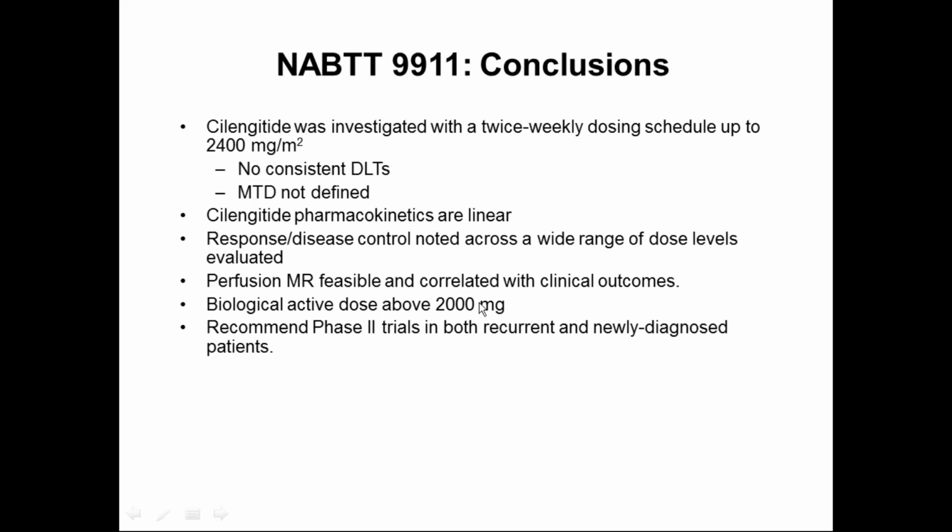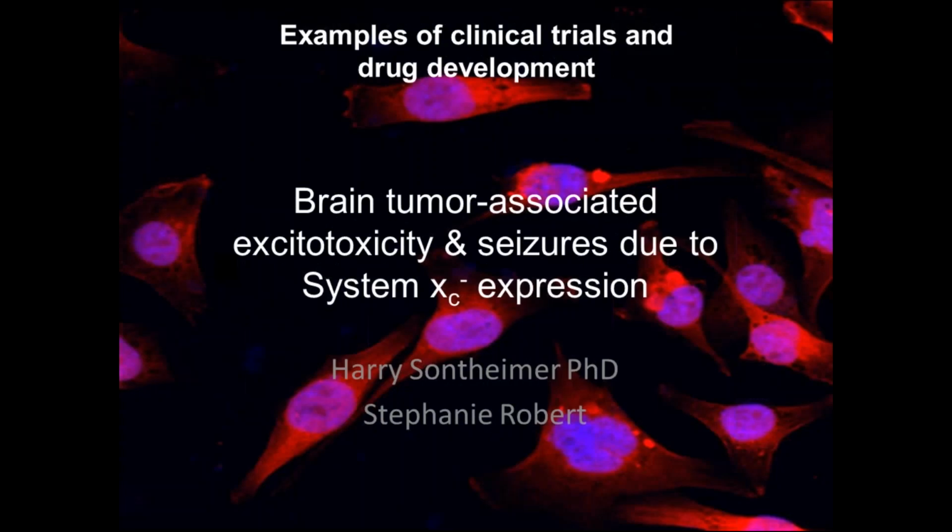And so even though we had kind of this traditional phase 1 study, we had biological correlates that we had incorporated into that as secondary endpoints, which helped us better define how to go forward in a phase 2 study of this particular drug.